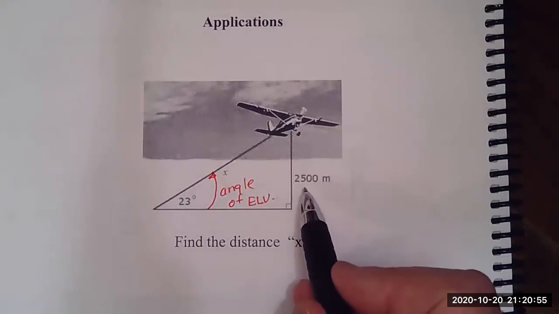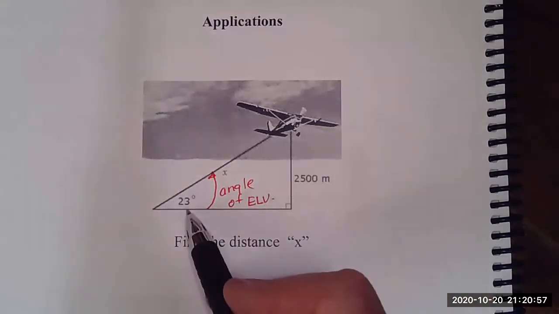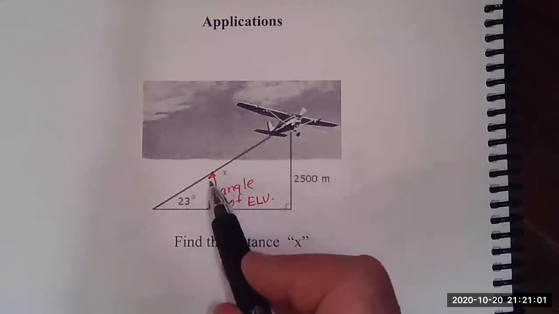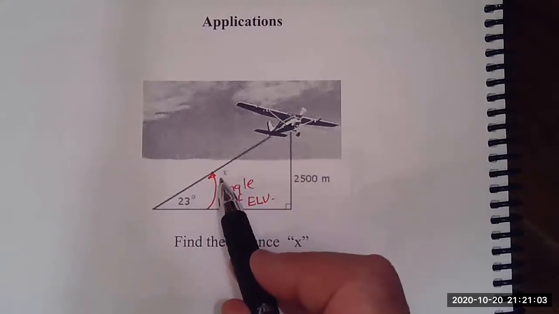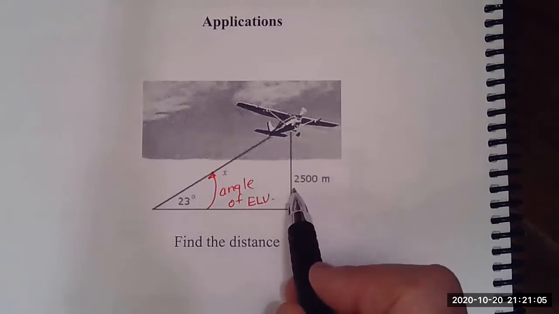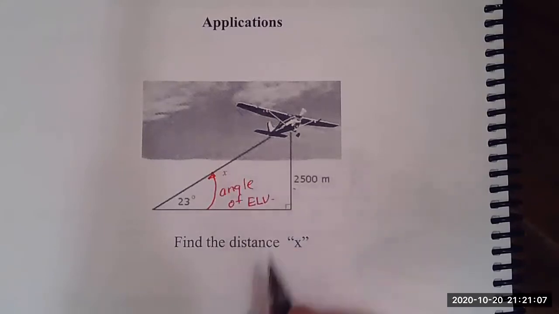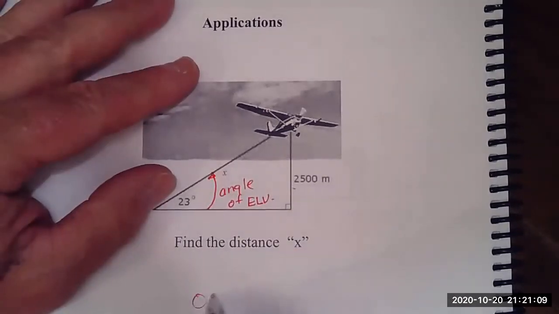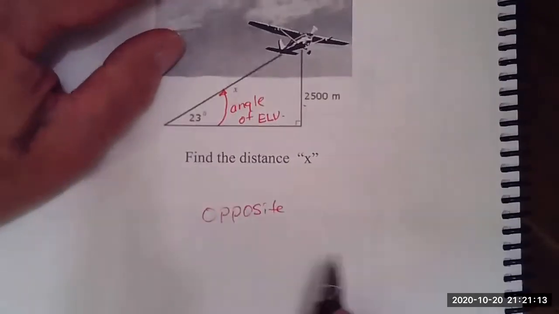Use what you're given, which is 2,500 and the angle 23 degrees. And this is the side I'm looking for, which is the hypotenuse. So this is opposite, hypotenuse.